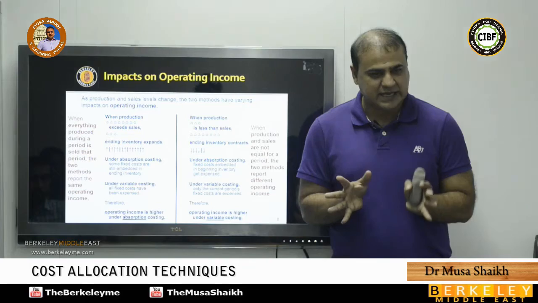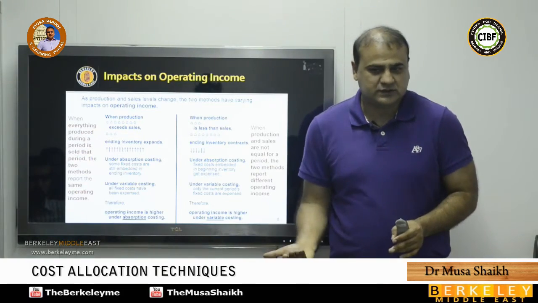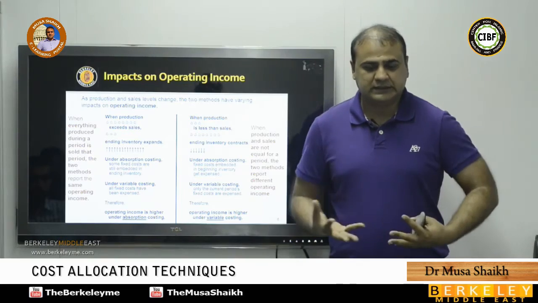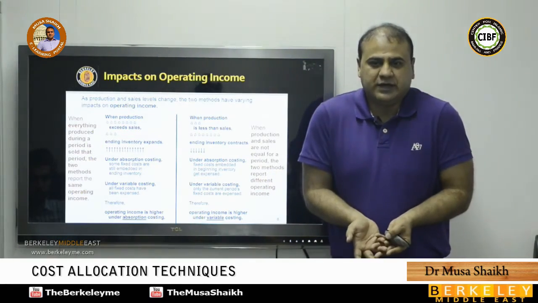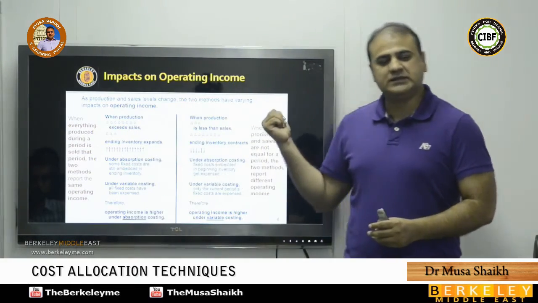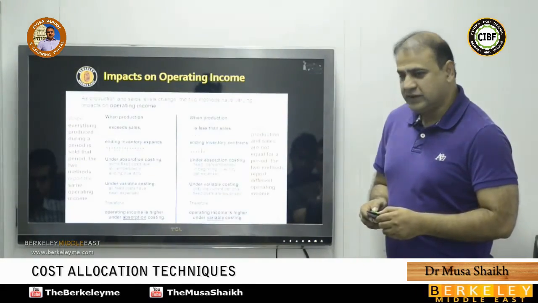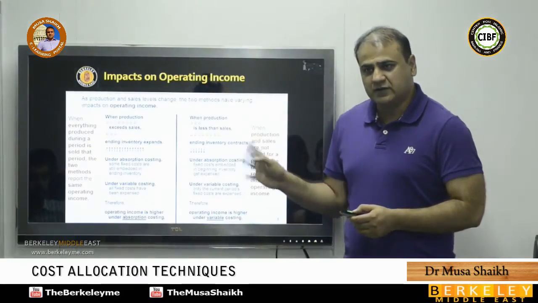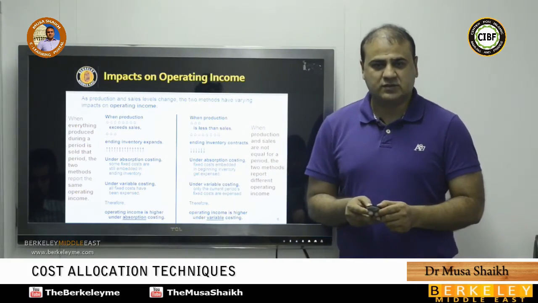So these are 2 scenarios: one where you have more closing stock, and one where you have less closing stock. Less closing stock means higher cost of goods sold and lower operating profit. If you understand this side, the opposite side works the same way. In past paper questions, you will see that a lot of questions are based on this concept.